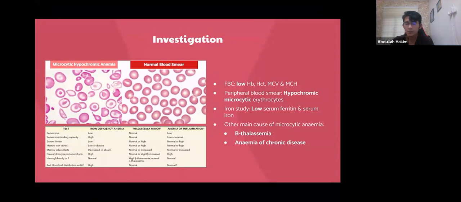And lastly, we need to ensure that this diagnosis is differentiated with beta thalassemia and anemia of chronic disease. You can see at the table beside of this text. We can see how to differentiate between iron deficiency anemia, thalassemia, and also anemia of chronic disease.